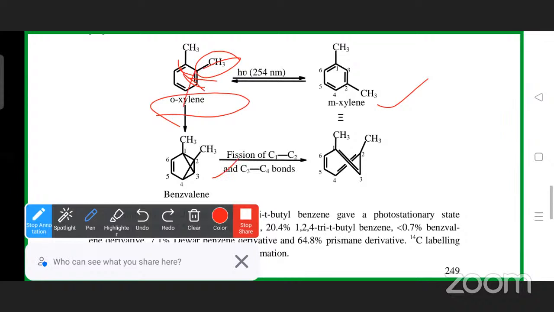Upon fission of this C1 to C2 and C3 and C4 again, it undergoes homolytic cleavage and recombination of this bond and this bond. So it forms this one, and upon flipping of these bonds, we get this metaxylene.